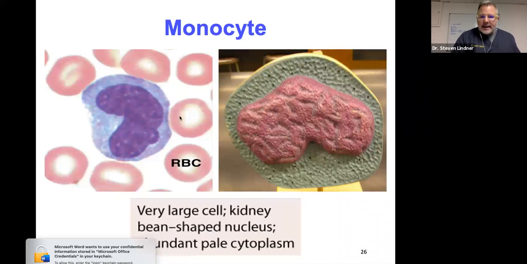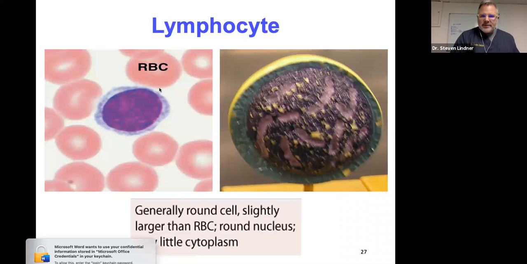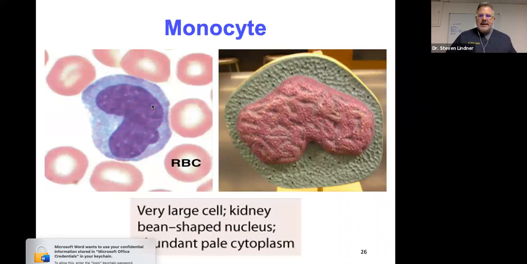So the monocyte, notice it's got this large kidney bean-shaped nucleus without granules. And look at the lymphocyte. The nucleus is just as big as the cell. Now, monocytes are always in circulation, and monocytes become something called a macrophage.